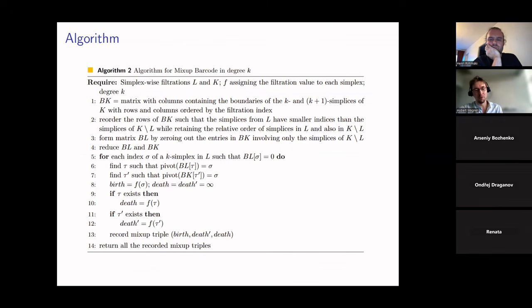Because of this, for high-dimensional data we're typically limited to low degrees, like 0, 1, 2, maybe sometimes 3 for smaller data. So in practice, the efficiency to some extent is a limitation.